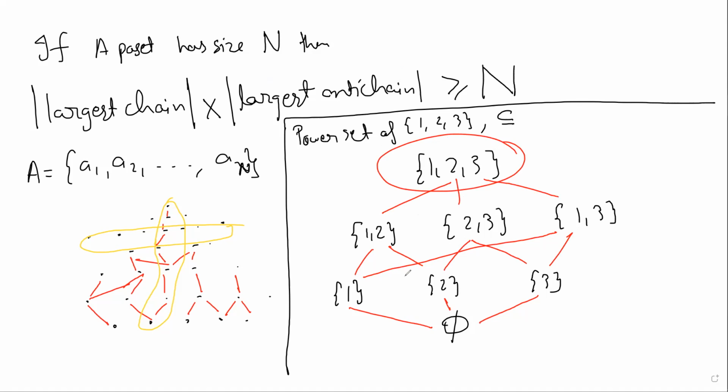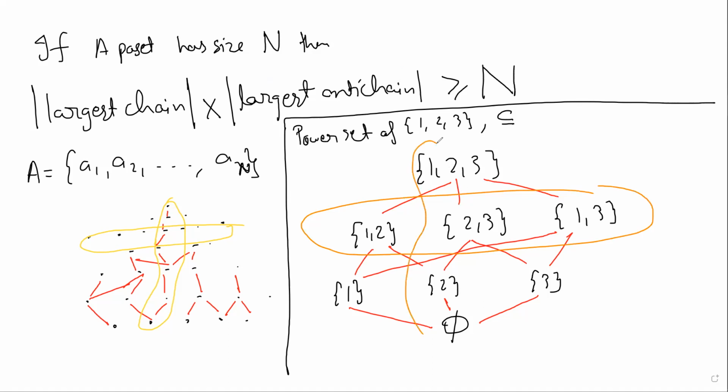You can have chains, and anti-chains, you have all sorts of things. You have these chains, and this is an anti-chain, and then you have these chains. So in this poset, if I go with n elements, can anyone tell me what is the length of the longest chain?